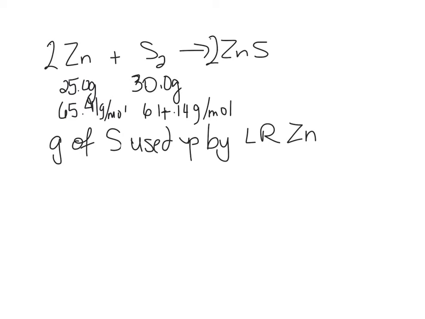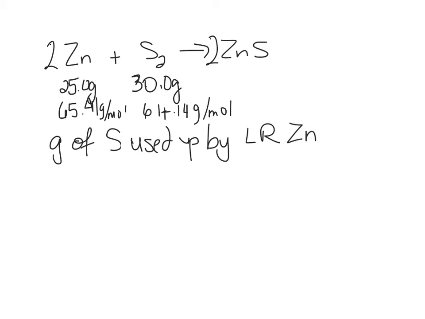So if we want to find grams of sulfur, do we have any ratio that has that in it? Not the mole ratio. Mole ratio is just for moles. I want grams of sulfur.